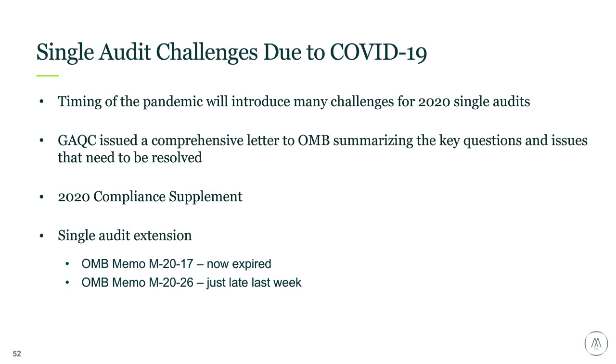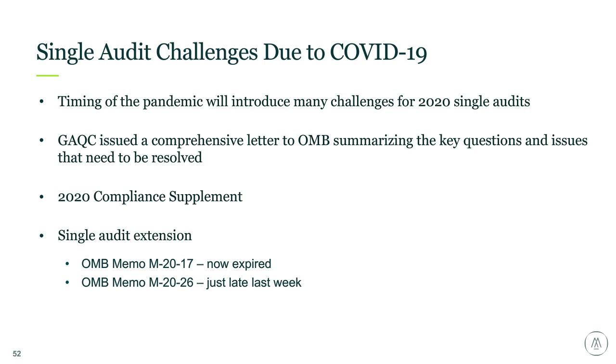The AICPA's Government Audit Quality Center also issued a comprehensive letter to OMB summarizing key issues and questions that they feel need to be resolved for auditors to be able to complete audits related to the single audit.